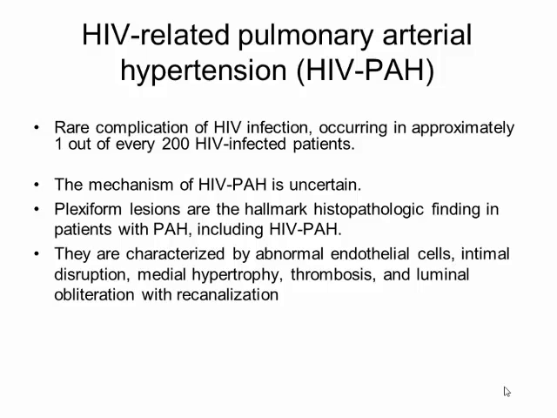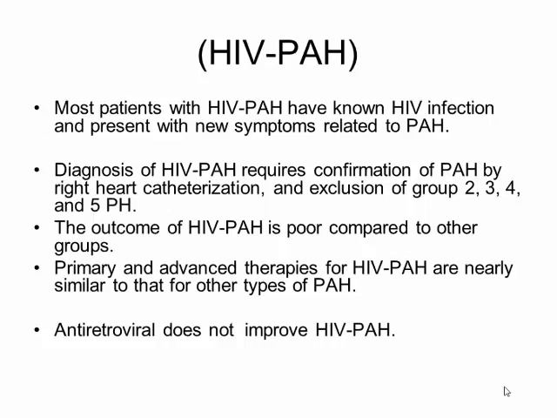But when they did the biopsies and the histopathologies, the typical lesions, the plexiform lesions, they are the abnormal endothelial cells, the intimal disruption, the medial hypertrophy, thrombosis, and recanalization. It's present in HIV-related pulmonary hypertension, and this led to the grouping of HIV pulmonary arterial hypertension in group 1, because they do have the hallmark histological pattern found in group 1, which is the plexiform lesions.